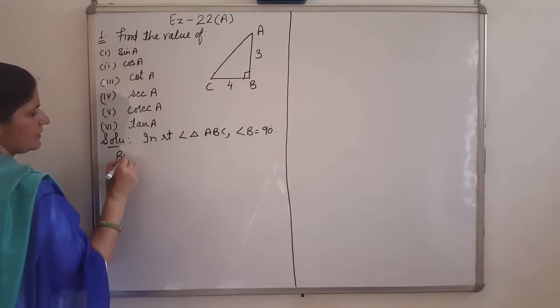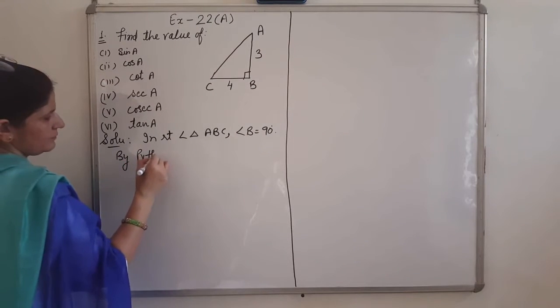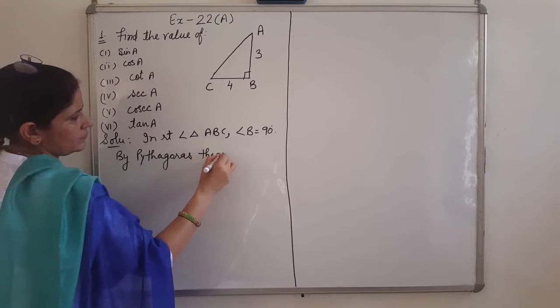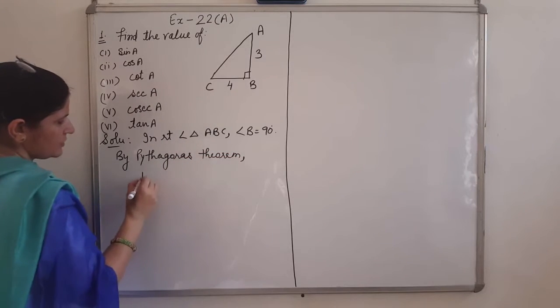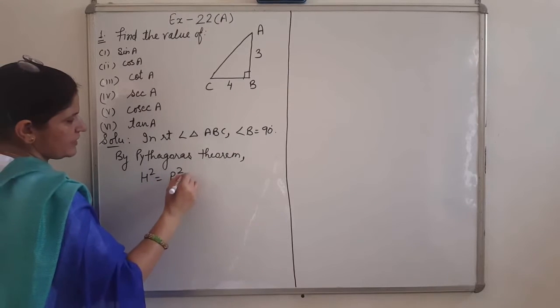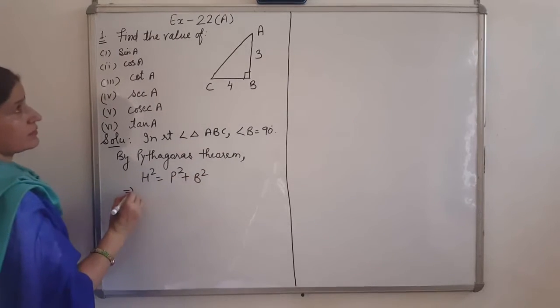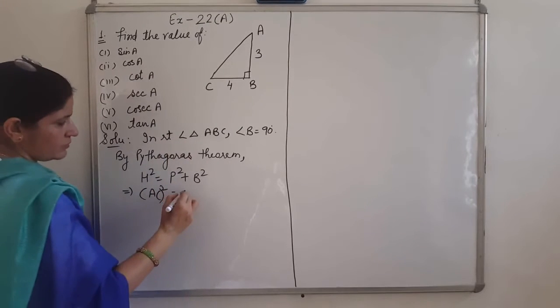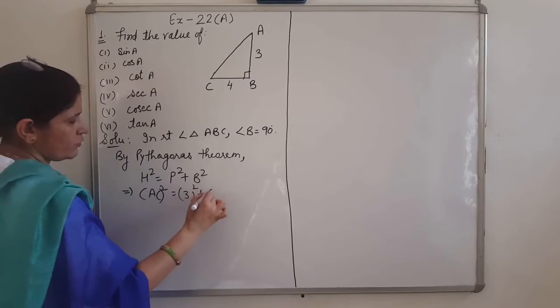So by the Pythagoras theorem, x square equals p square plus b square. What is x square? AC you have to find. So 3 square plus 4 square.